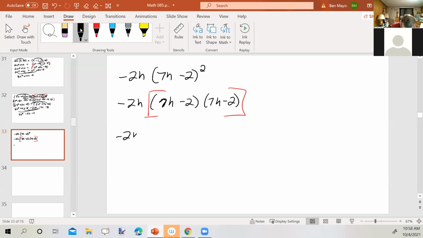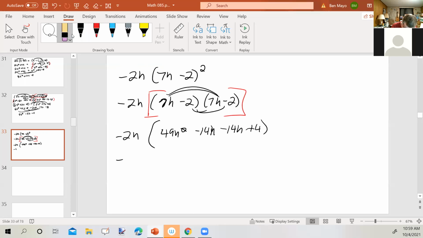So now I've got negative 2h times 49h squared minus 14h minus 14h plus 4, negative 2h times 49h squared minus 28h plus 4.